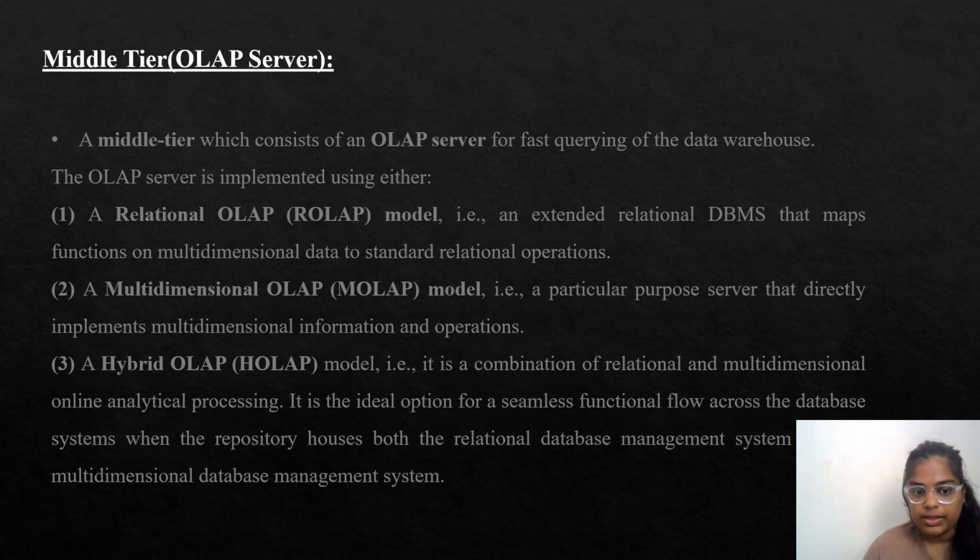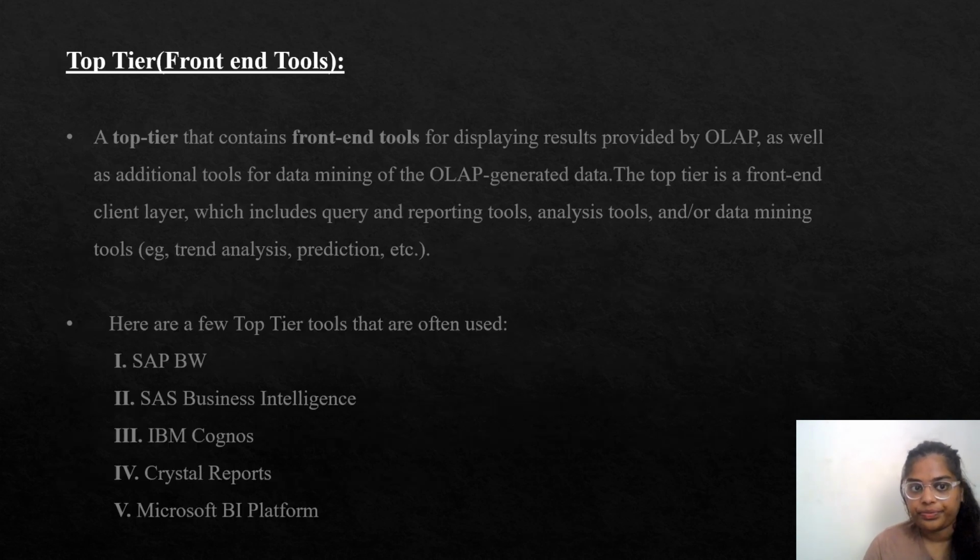Next, let us discuss the top tier. The top tier has the front-end tools like querying, data mining, and analytical reports, which we saw earlier in the diagram. The top tier contains the front-end tools for displaying results provided by OLAP, as well as additional tools for data mining of the OLAP-generated data.